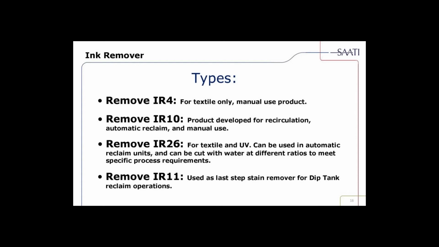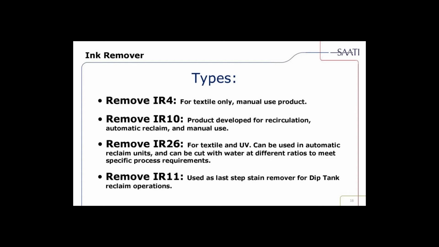The Remove IR26, which tends to be the most popular in our line these days. It's designed for textile, works very well in UV. It can be used in an automatic reclaim unit, can be cut with water at different ratios to meet specific process requirements.